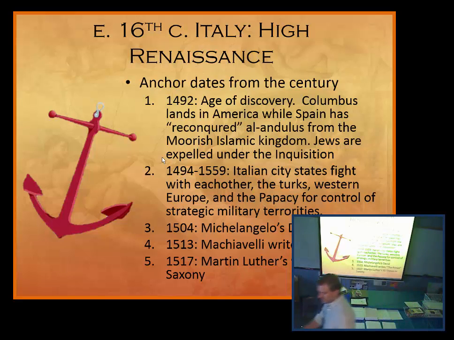And from the next century or so, Catholic Spain is the most conservative of all the Catholic states in Europe. Italian city-states in 1494 to 1559 are fighting with each other. They're also fighting with the Ottoman Turks, the Muslim states in the east.